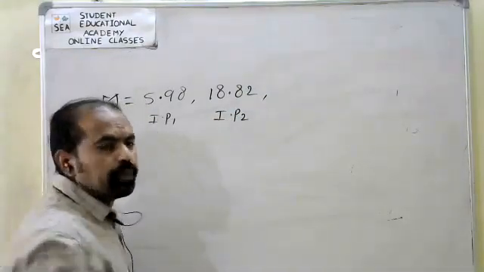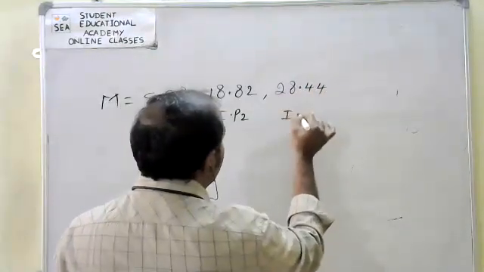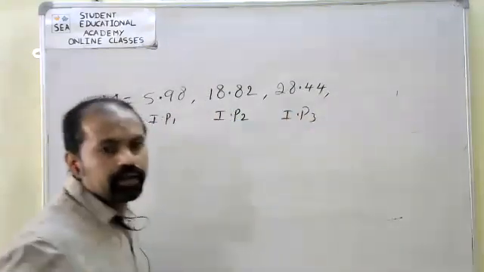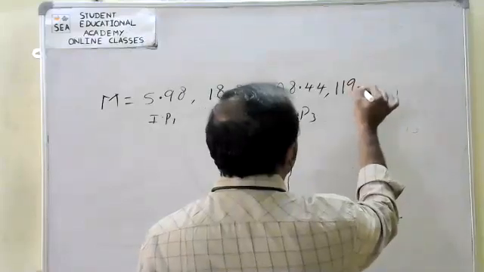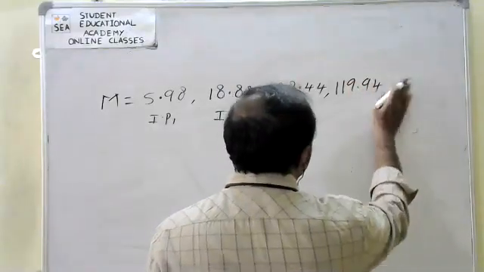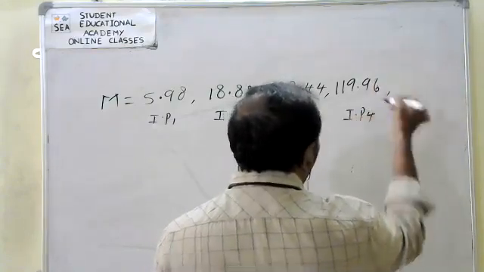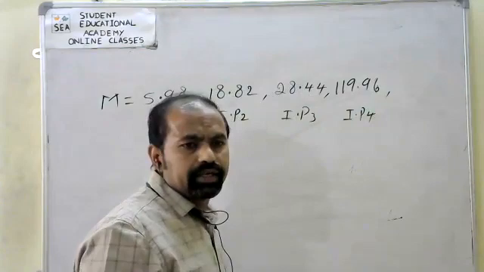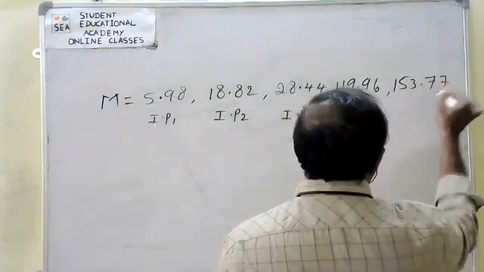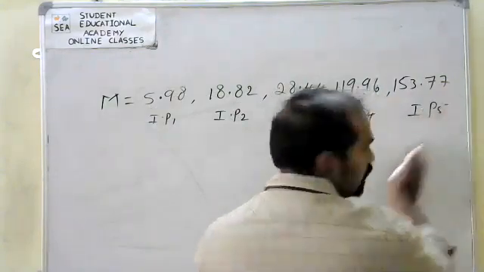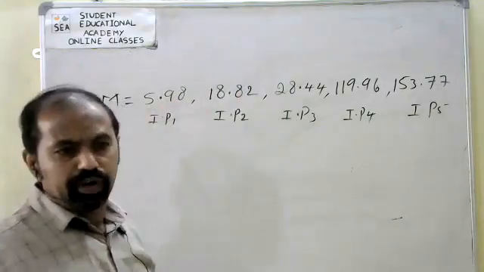After that 28.44, this is IP3. After that 119.96, which is IP4. After that 153.77, IP5. The units are electron volt per atom. These are the ionization potential values.